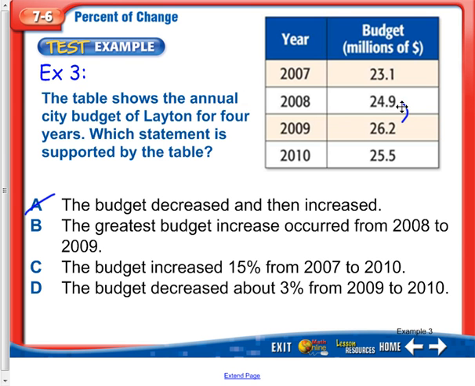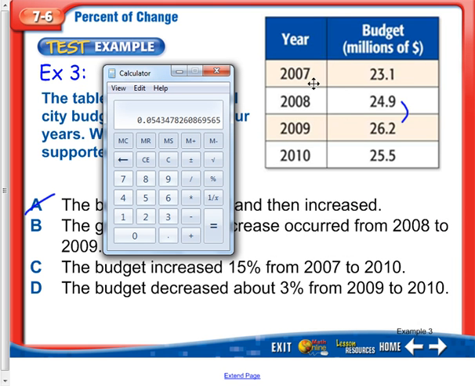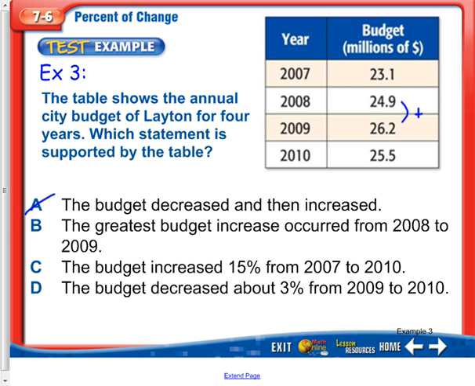Well, let's do some stuff with our calculator here. Let's find out the increase in that year. So let's do 26.2 minus 24.9, and that was 1.3. So I'm going to write that as a note right here. So this is up plus 1.3.